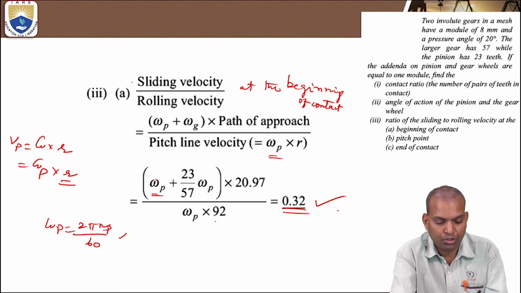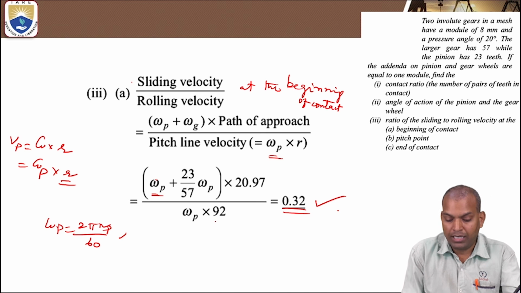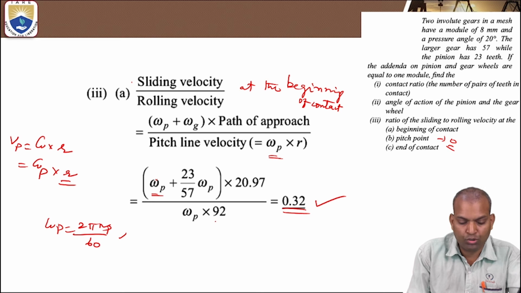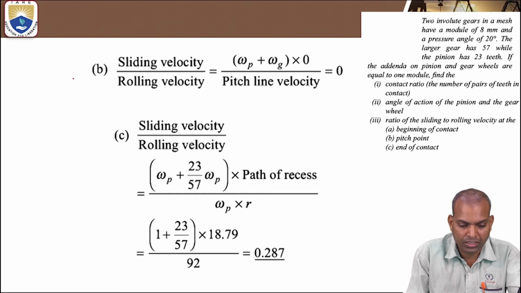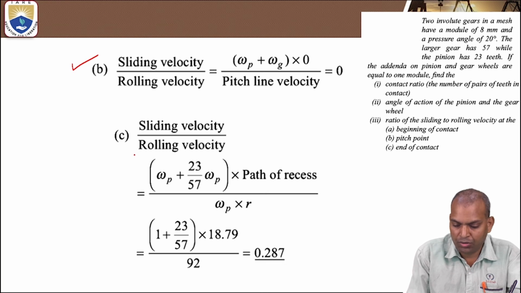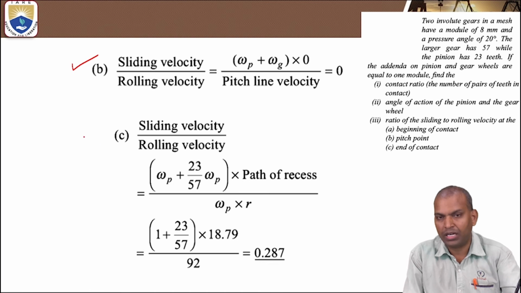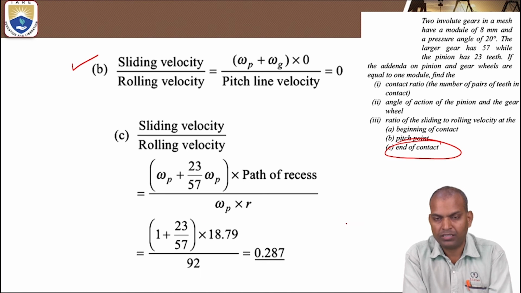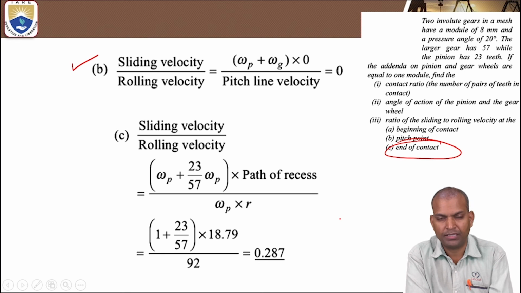Then it is 0.32. Next, at the pitch point, this is 0, because there is neither sliding nor rolling. No sliding and no rolling, it is 0. The third objective is the path of recess. So the sliding velocity and rolling velocity at the end of contact, that is called path of recess. This end of contact is another way of saying end of engagement.